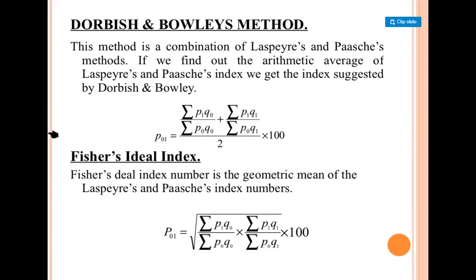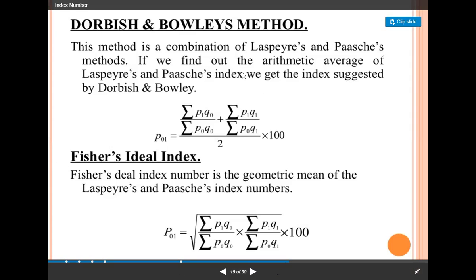Why? Because the Fisher index number satisfies the different tests, like TRT and FRT. TRT is nothing but the time reversal test. FRT is nothing but the factor reversal test.